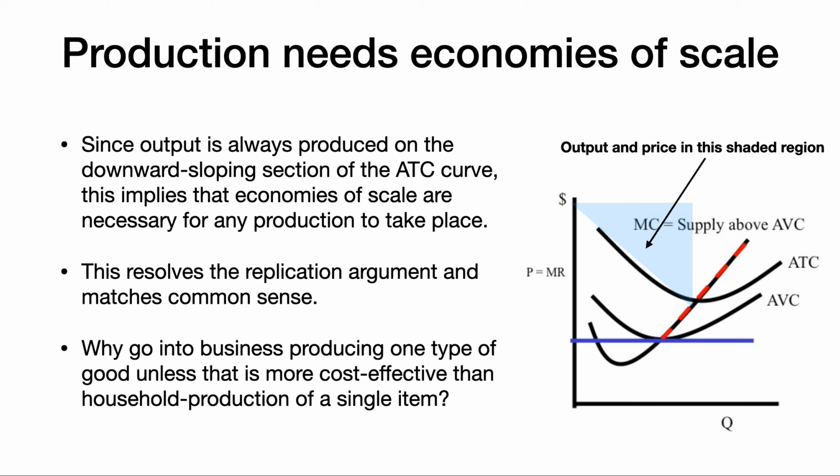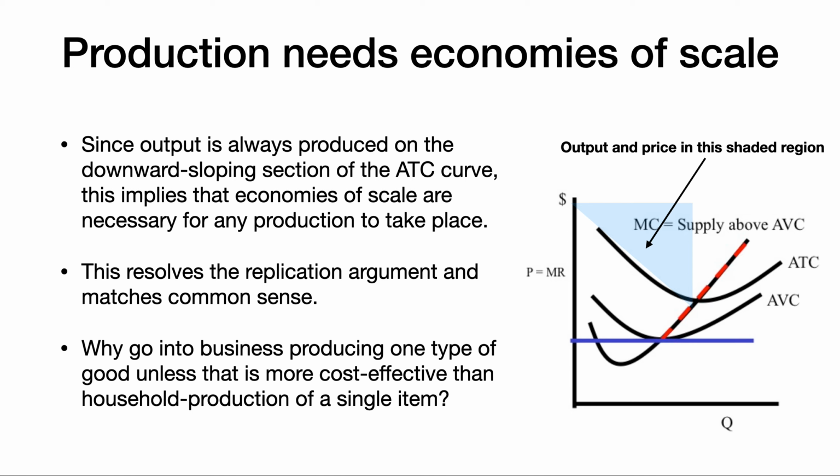Because if there's no economies of scale from producing 2 units rather than 1 unit at your facility, then you just build a lot of different 1-unit facilities, right? You don't vary output at any particular business. Every business produces 1. In fact, we just are in a situation of home production. There's no specialization because there's no economies of scale.